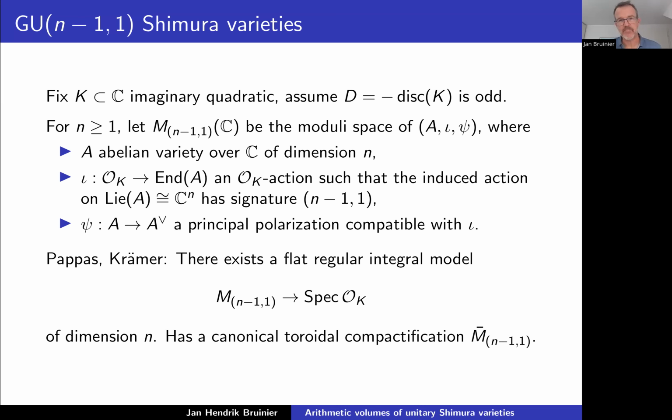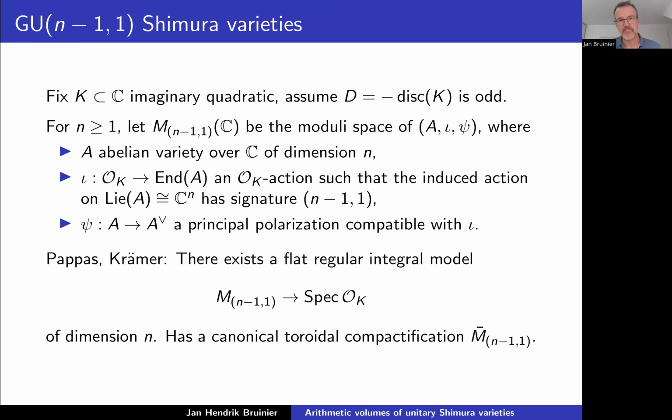Okay, so this is nice. This is a nice moduli space. We can look at it in a bit more detail. It turns out that this has a decomposition into closed and open substacks, M_V, which are indexed by similarity classes of Hermitian spaces of signature (n-1, 1) that admit a self-dual O_K lattice.